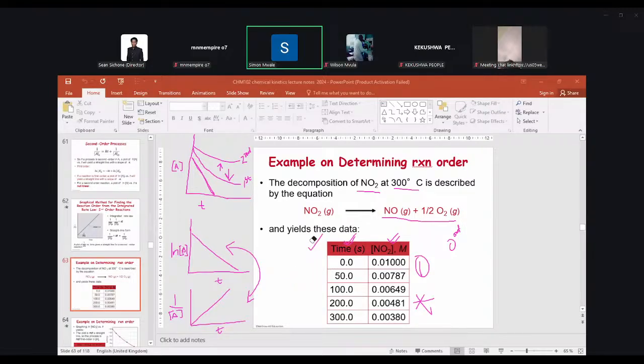So trying the first order, let's now try this data for a first order. If you want to plot for a first order, then what it means is that we have to calculate the natural logs of concentrations. So we extend the column here, we put another column where we say natural log of concentration of NO2.